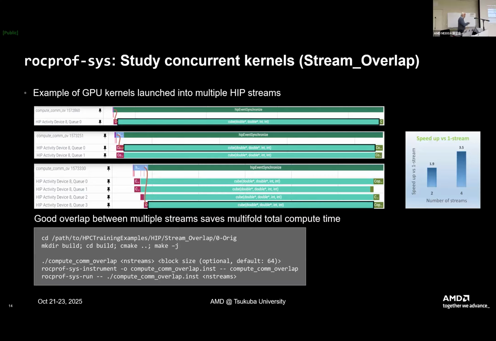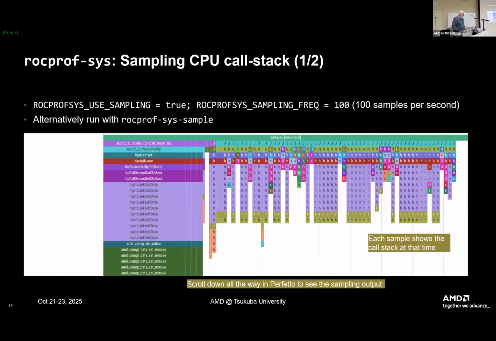And Rocprof-sys is really, really important to understand what's happening, because otherwise we have no way to tell. Why is it serializing? Here's a sampling. So in sampling, we can get that call stack. So we see Jacobi is calling this routine that is where it's showing the time being taken.